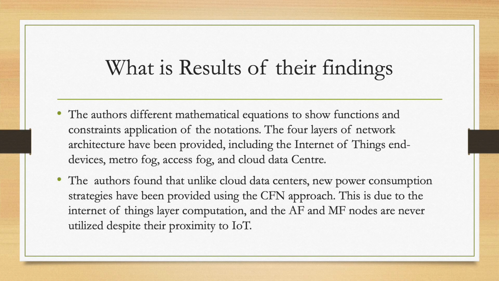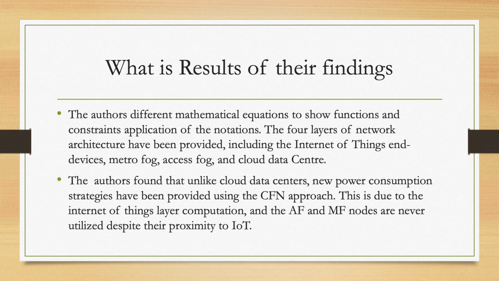The findings of the researchers show the functions and constraints of the applications of the notations, and mainly the four layers of the network: IoT, Internet of Things, metro fog, access fog, and cloud data center. The network architecture provided the connection between everything together, and they showed how complete a picture the architecture gives.